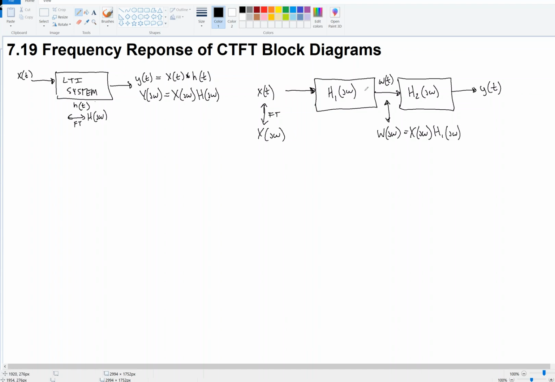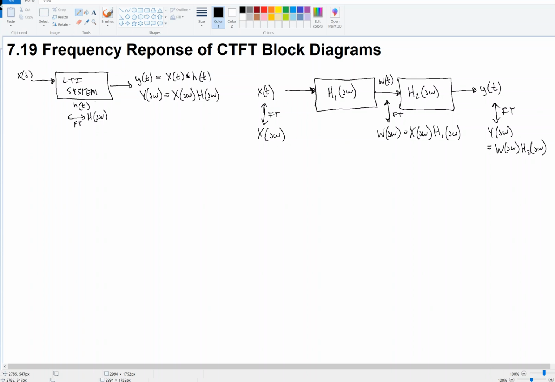The spectrum of the output is the spectrum of the input times the frequency response. Okay, now this thing becomes the input to the second system. So now the Fourier transform here, Y of j omega, is equal to the spectrum of the input times its frequency response.